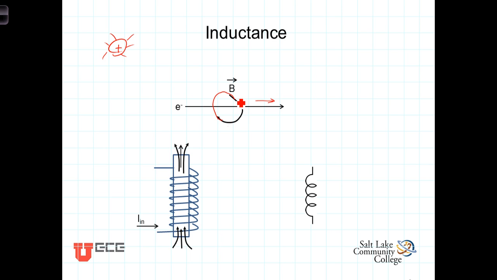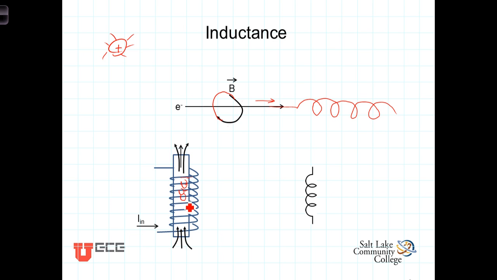Now, the magnetic field can be intensified by taking the wire and looping it around itself in a coiling process and laying those coils next to each other. Each one of these wires in this coil has current flowing through it, and each one of those current carrying conductors has a magnetic field associated with it.